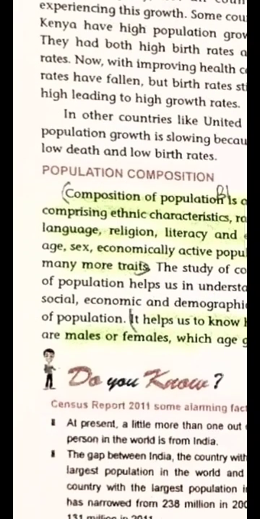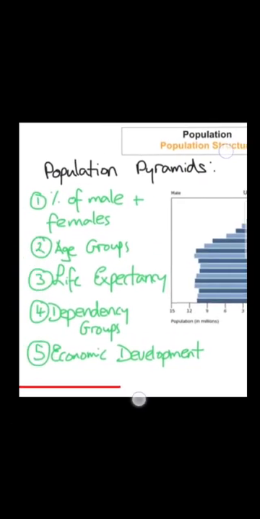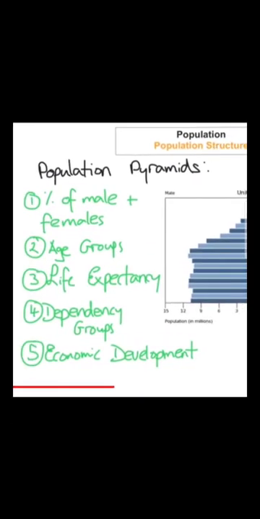Let us study that. Now the population pyramids help the social scientists to find out the percentage of males and females in the society or in that country.